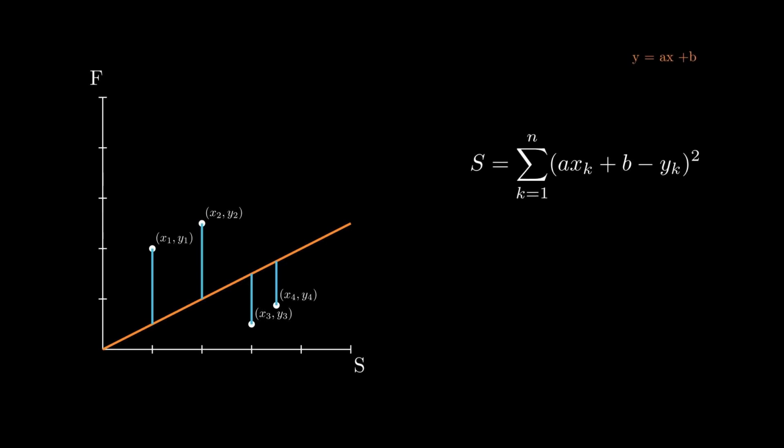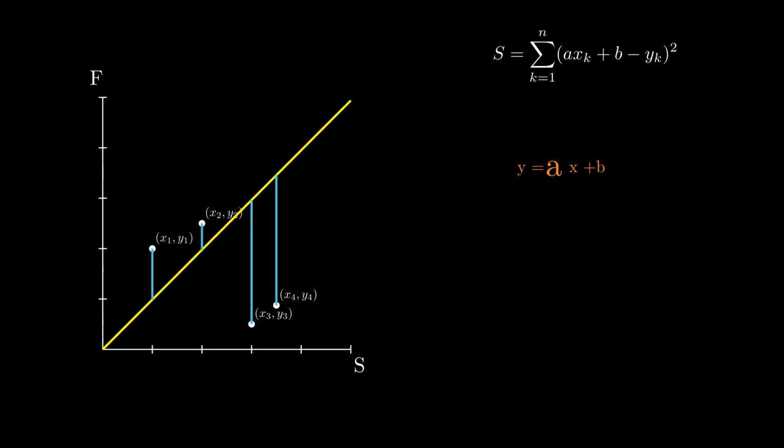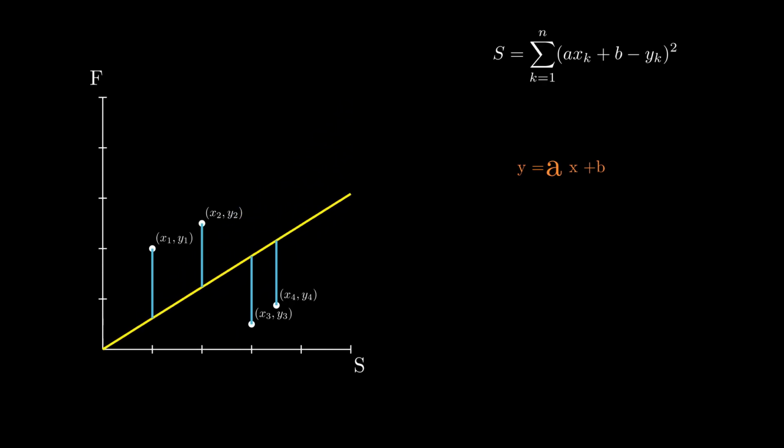But before this, let us step back for a moment and visualize what a and b really mean in our system. A is the slope of the line, which basically controls the degree of tilt. As you can see, if we vary a, the sum of residues squared also varies. In some cases, it might increase from our original line, and in some cases, it might decrease as shown.